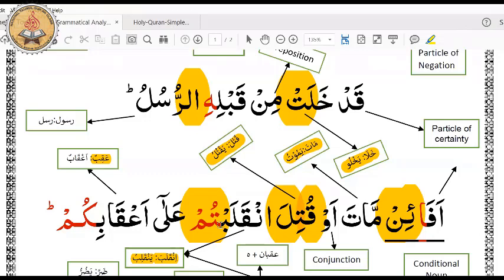Now, if the Prophet ﷺ dies or is killed, would you turn away from belief to disbelief, from Islam to disbelief, from knowledge, marifat, from light to darkness? Basically, when a person is fearful, he runs away back. You say that because you were not worshipping the Prophet Muhammad ﷺ, you were worshipping Allah the Almighty.